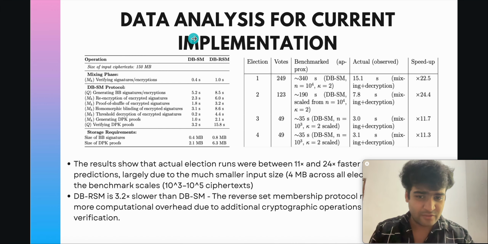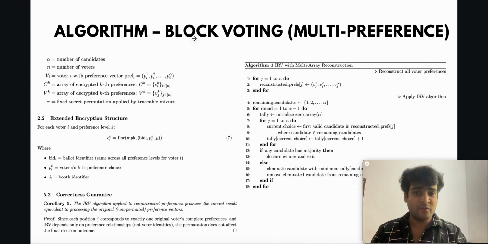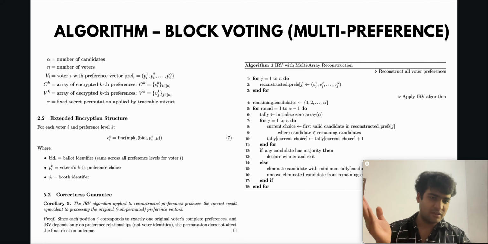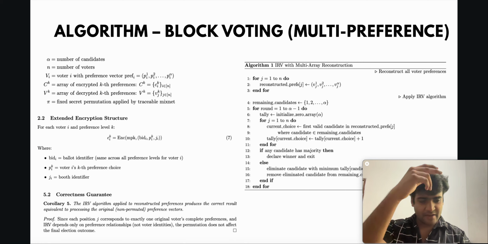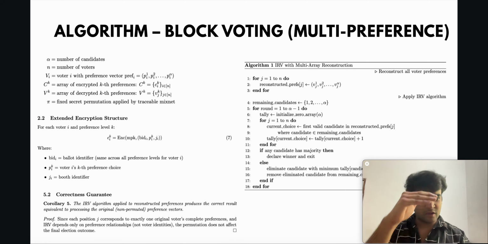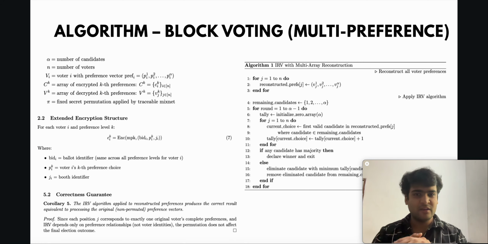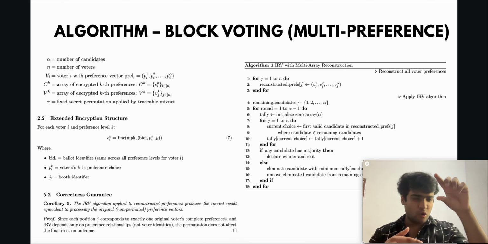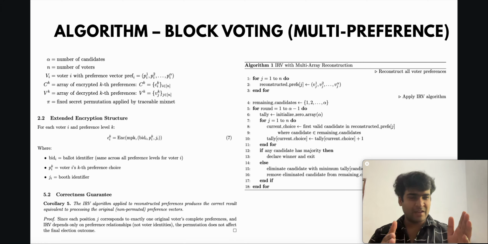Next we go to the algorithm for block voting. As in the original system, if there are k candidates and the column size was n, in block voting multiple candidates can be chosen by a voter. If k candidates are chosen by each voter, then we have a block of k preferences.